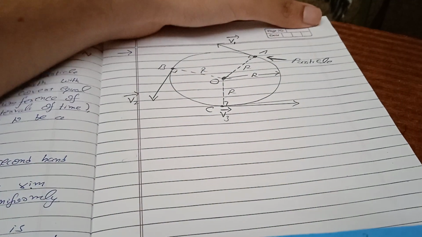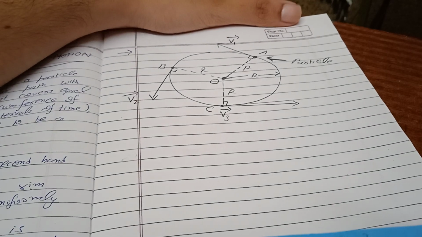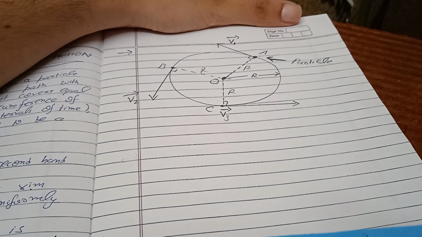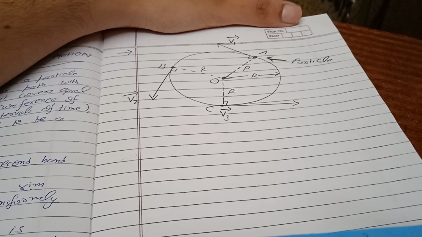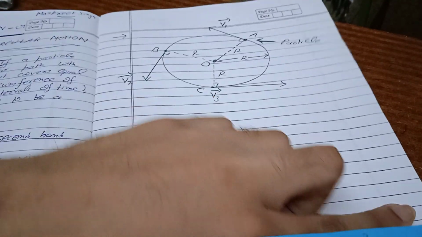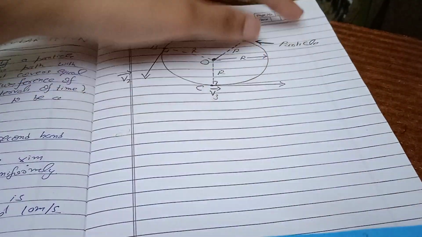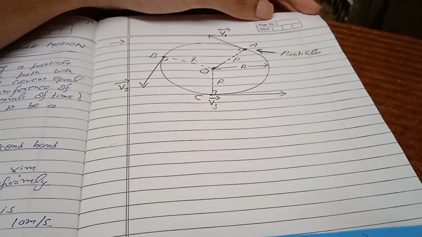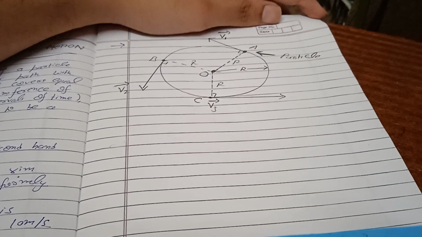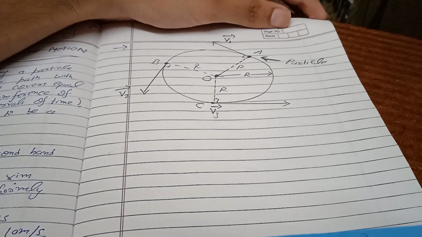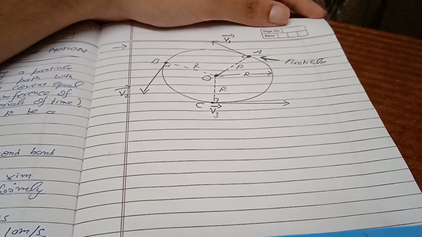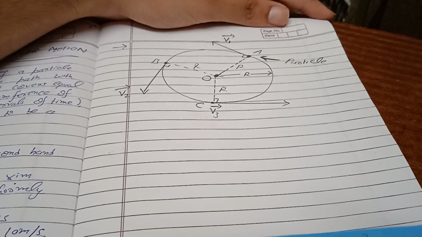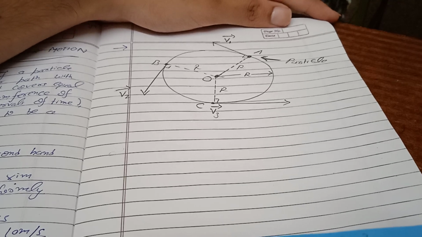So you can see that at every point the direction changes, and when the direction of a vector quantity changes, the whole quantity will change. That's why uniform circular motion is a type of accelerated motion also. And how accelerated? Uniformly accelerated. Not non-uniform, no, uniform acceleration.